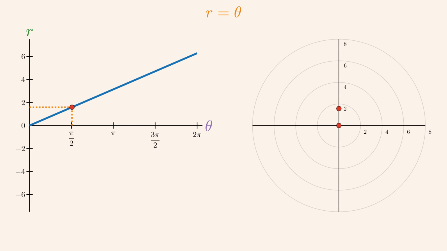And then we move on to an angle of pi, where r is equal to 3.14. We draw a polar vector at an angle of pi with a length of 3.14, and at its tip, we place the polar point. We then move on to 3 pi by 2 and repeat the same process to get the next polar point.